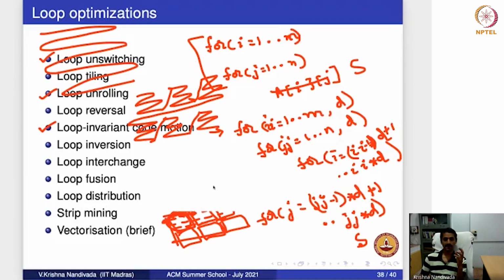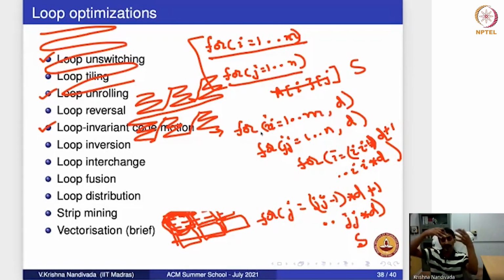So what did I do in loop tiling? I took this two-dimensional loop and made it a loop nest with four levels of depth. The complexity hasn't changed, just that the cache behavior has improved, because whatever elements are required are all fetched once. I keep them once and keep on reusing them. So that whole block is used once. I'm working one block at a time.